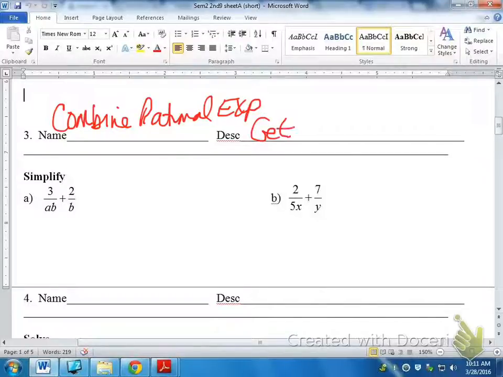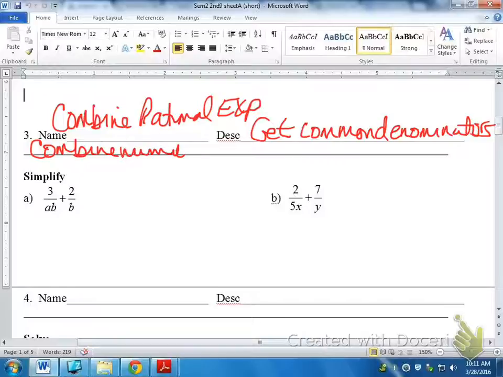Get common denominators. Combine numerators. Leave denominator the same.